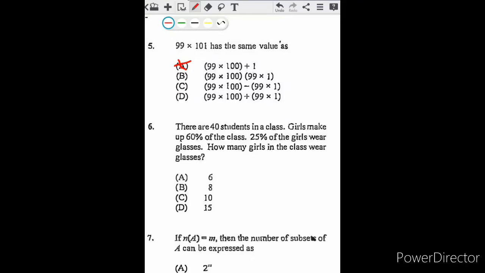Or we could have multiplied 2 multiplied by 2, which is 4, plus 2, which would give us 6. So therefore, neither A nor B could be our options, neither C, and D would be the answer that would give us the same value as 99 multiplied by 101.